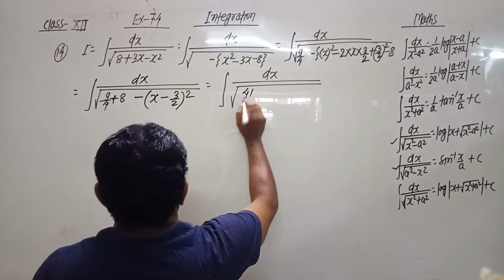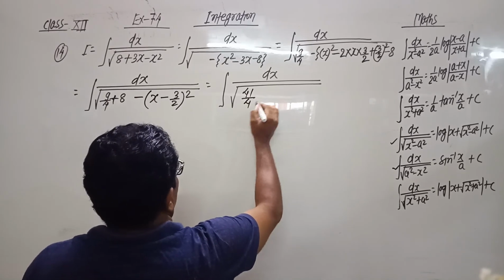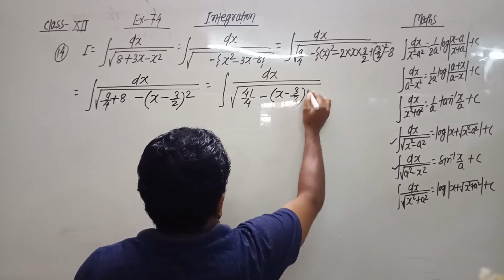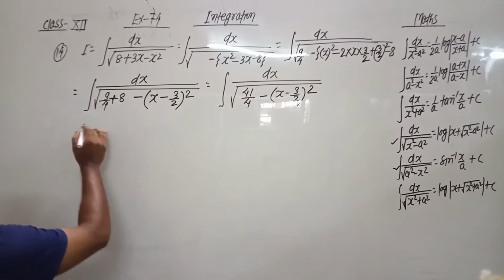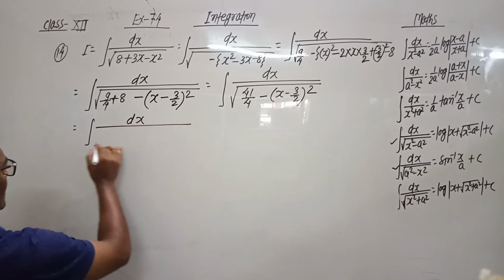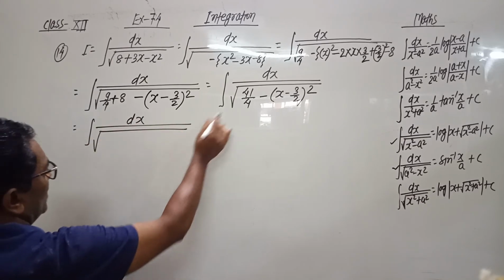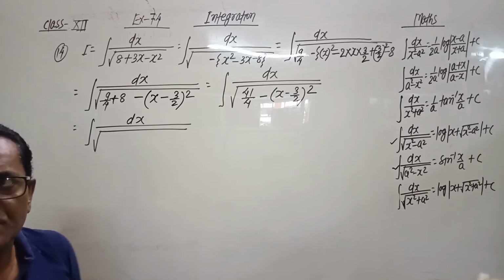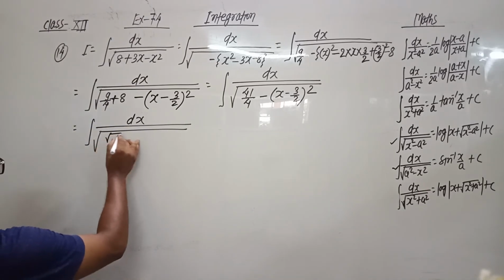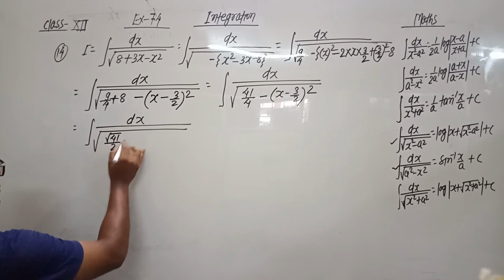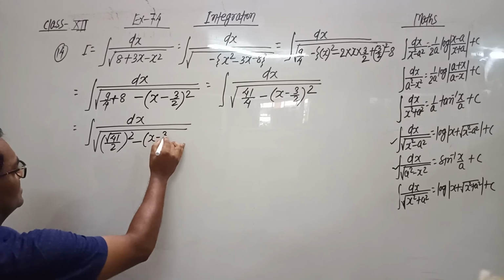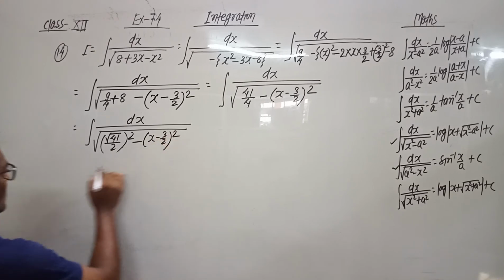So 41 by 4 and minus x minus 3 by 2 the whole square. Now it would be written integration dx upon under root of 41 by 4, which we write in square form as root over 41 by 2 the whole square, and minus x minus 3 by 2 the whole square.